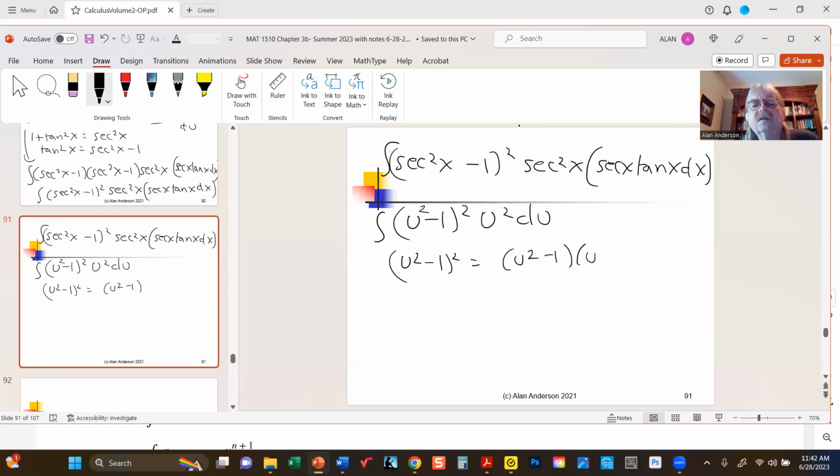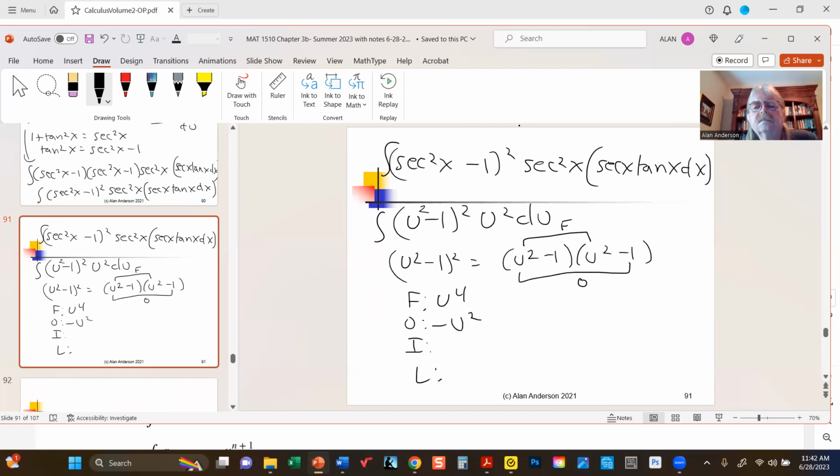We can do this with FOIL. And so this is first, and then this is last, 1. When you consolidate all these, you get u to the 4th minus 2u squared plus 1.